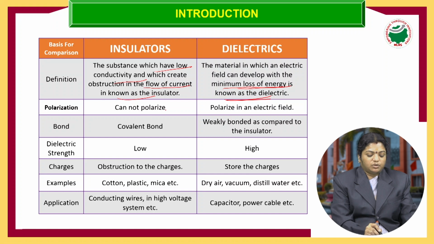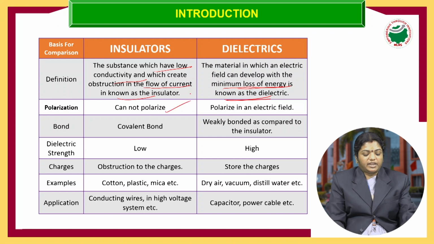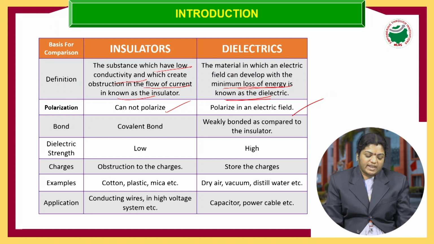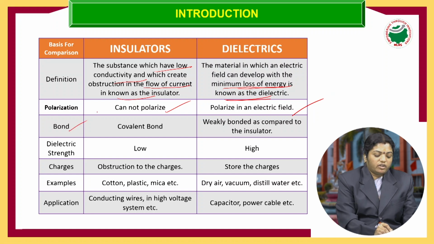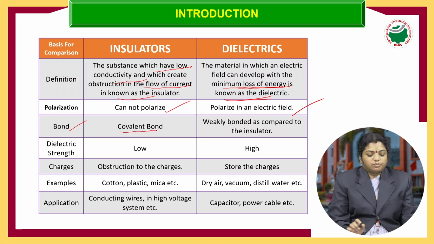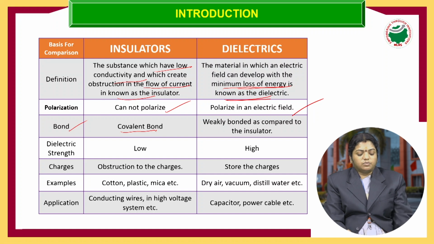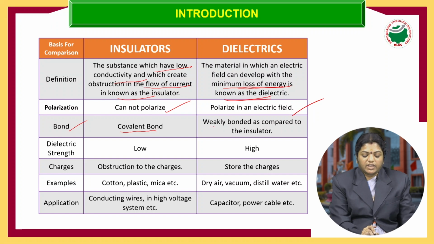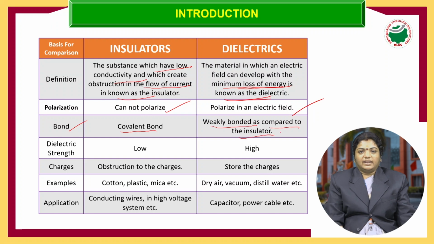Coming to the next point, in insulating materials you don't observe polarization, whereas in the presence of an electric field, in dielectric materials you observe polarization. Coming to bond formation, in insulators we observe covalent bonds, while in dielectric materials the bonds are weakly bound compared to insulating materials.